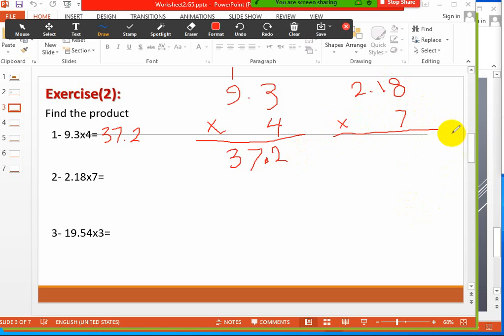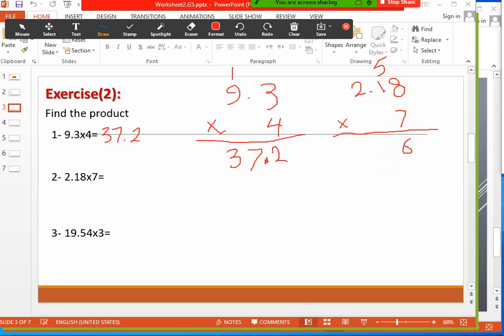Okay, write your answer, Larissa. 7 multiply 8 equals what? Very good. Equals 56. So I will put the 6 here and 5 above the 1. Now 7 multiply 1 equals 7.